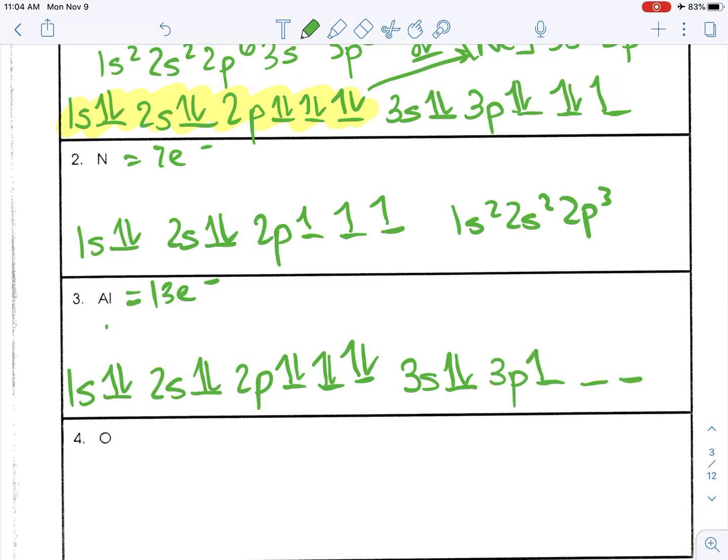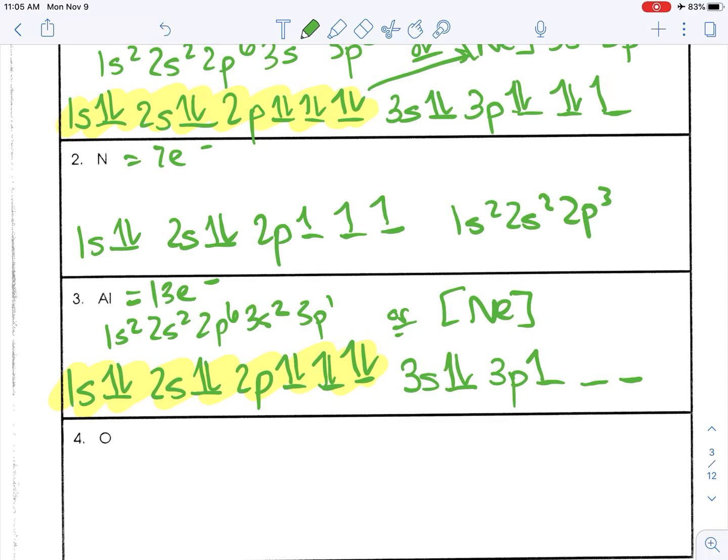So you could write 1s2, 2s2, 2p6, 3s2, 3p1. Or, remember, you substitute the last noble gas you've covered, which is again neon. And then you just write 3s2, 3p1.